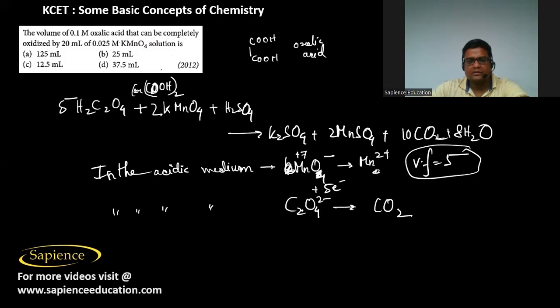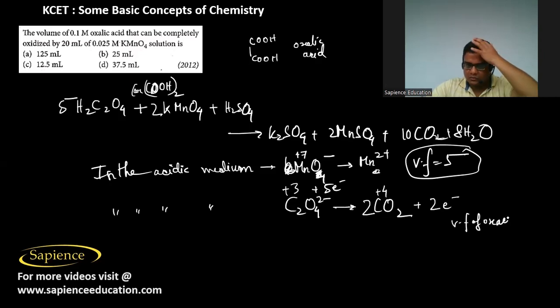So the oxidation state of carbon here is 6 by 2, that is +3, and here it is +4. So it will lose 2 electrons. So the valency factor of oxalic acid is 2.